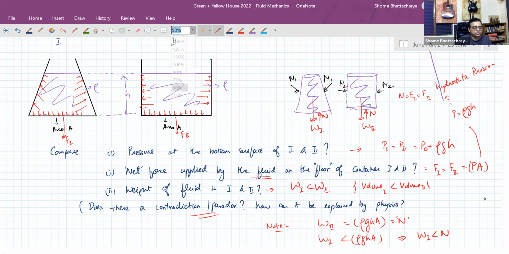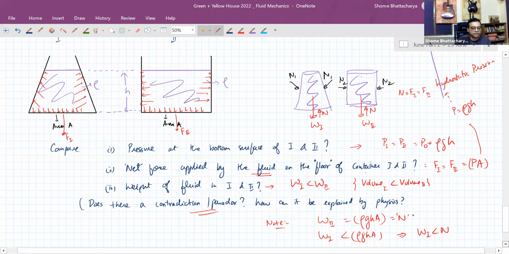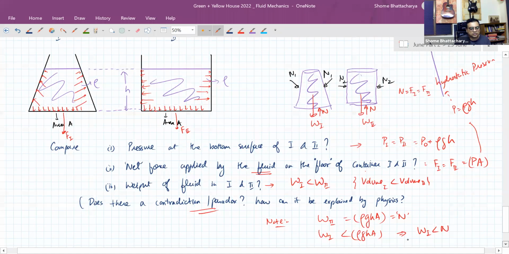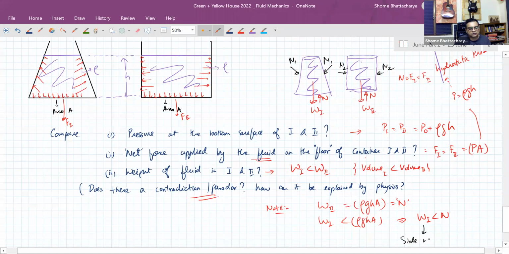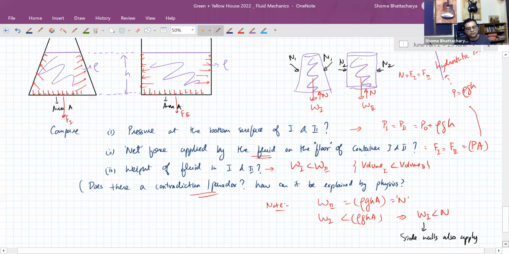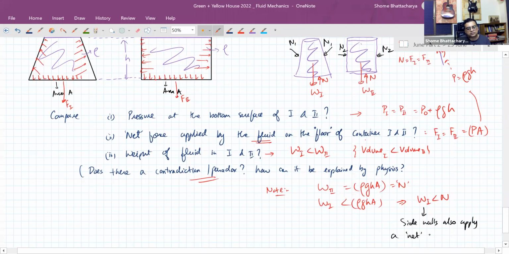Okay. So the explanation for this is that the side walls also apply a net downward force in container 1.